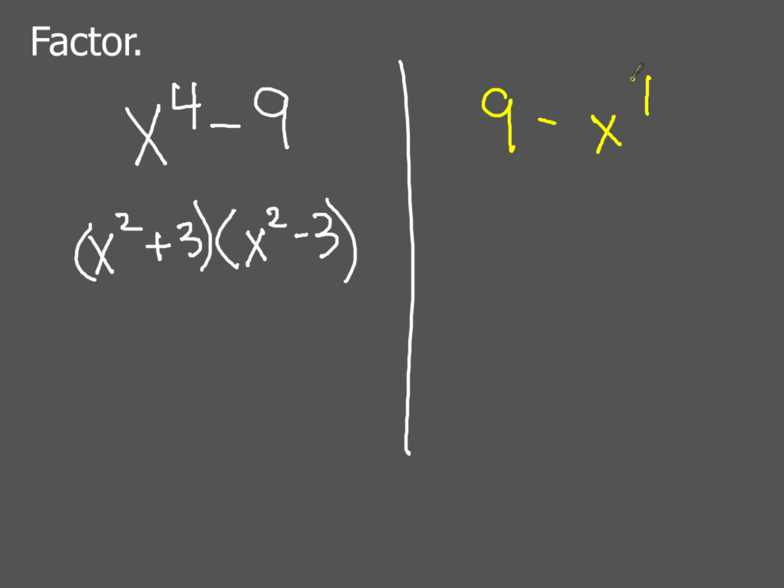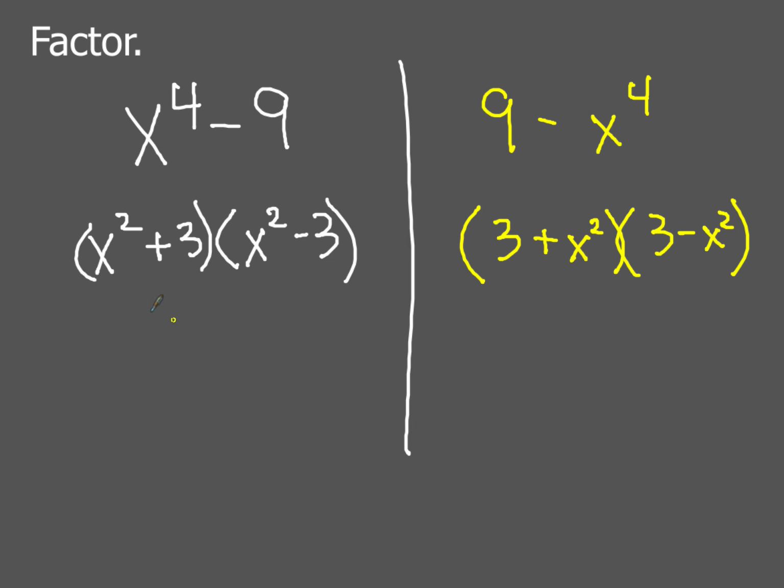When you factor this one, of course the square root of 9 is 3, so that's going to have to come first in each of your binomials, and then you'll have the plus x squared and the minus x squared as your next pieces. So the order does matter when you're factoring these.